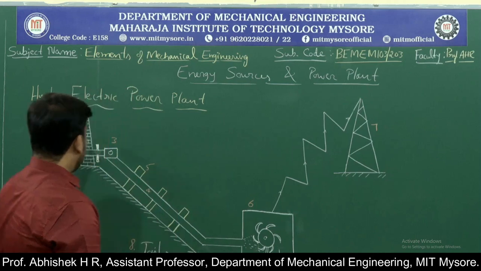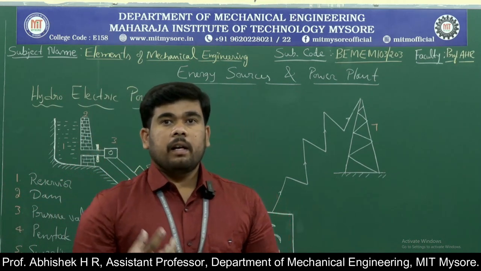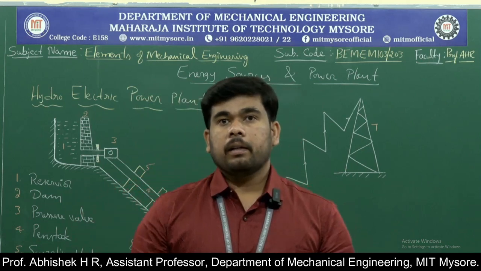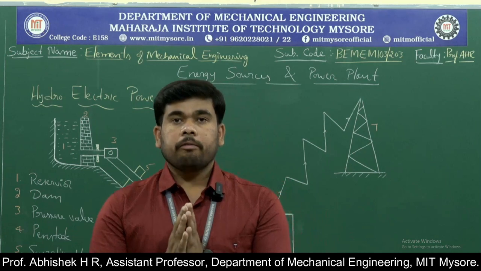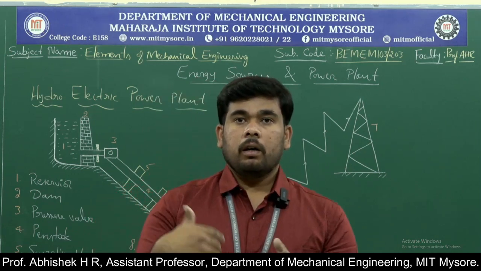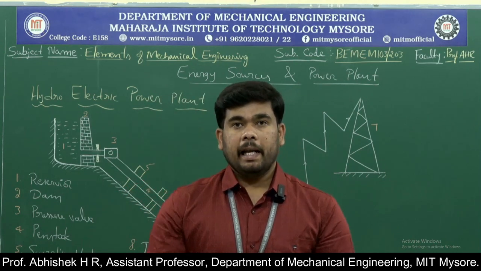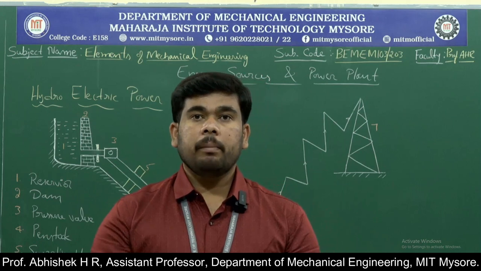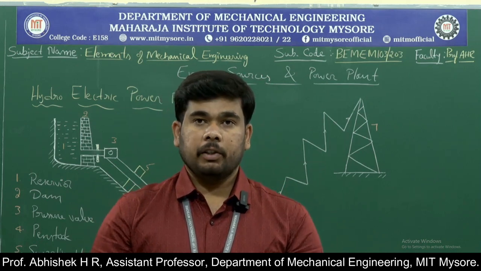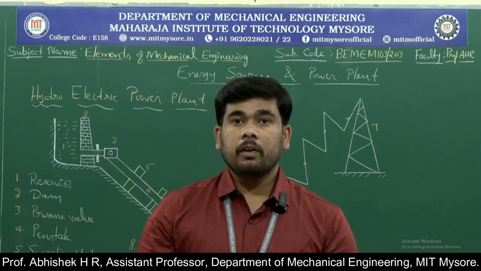First one, hydroelectric power plant. As the name suggests, hydroelectric power plant. Hydro means what? The storing of water in the reservoir. Then we can utilize that water to generate electricity, because water is naturally available in nature, and we have so many rivers across the country.